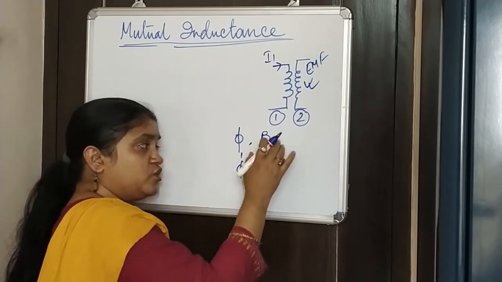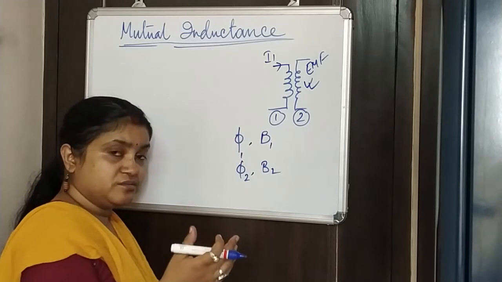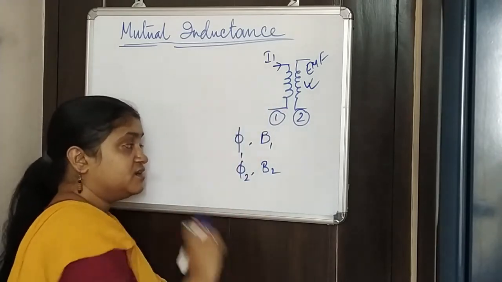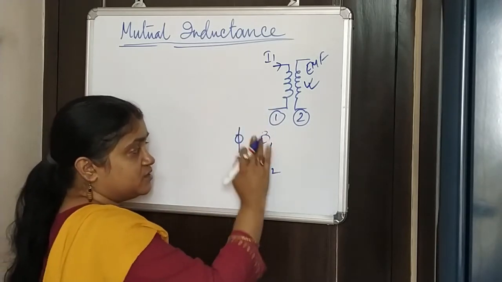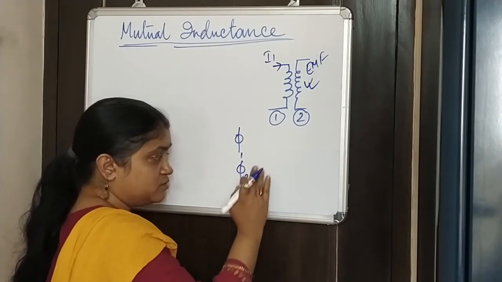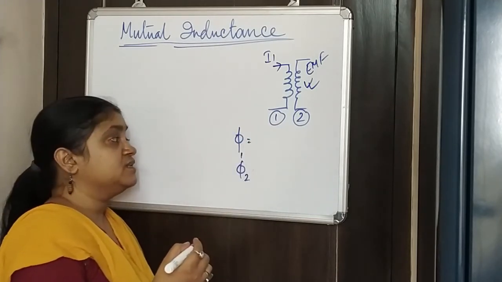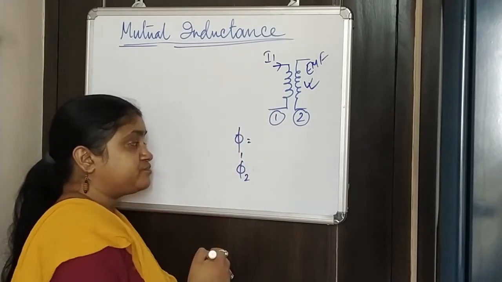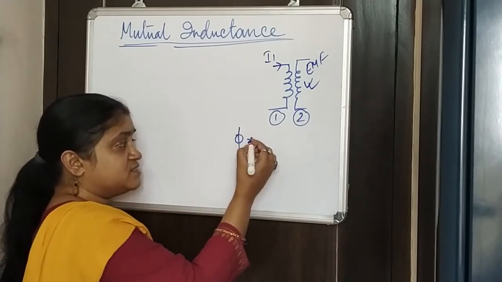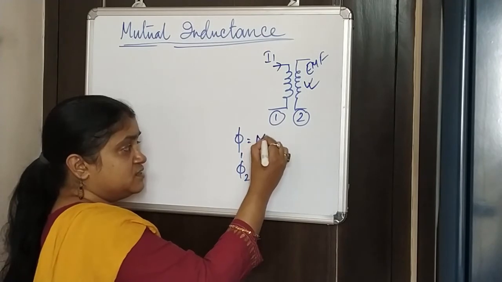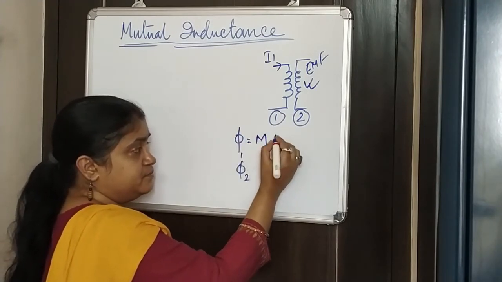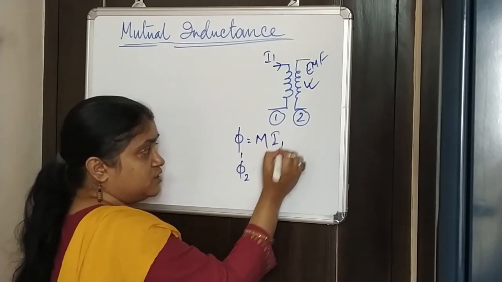Right now we are not talking about the magnetic fields B1 and B2; we will concentrate on the magnetic flux. So the flux is M into I1.